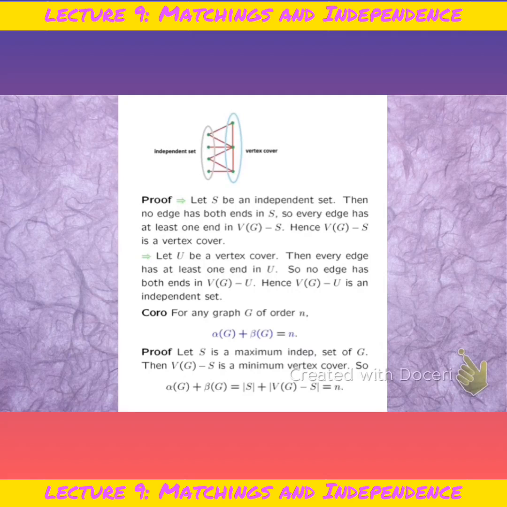So the corollary from this little result is that the independence number plus the vertex covering number is always equal to n, the number of vertices. And the way to see that is you pretty much take S to be a maximum independent set of G. Then V minus S is going to be a minimum vertex cover.